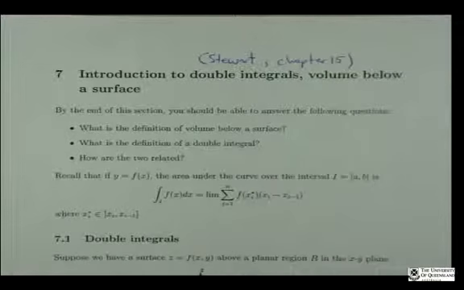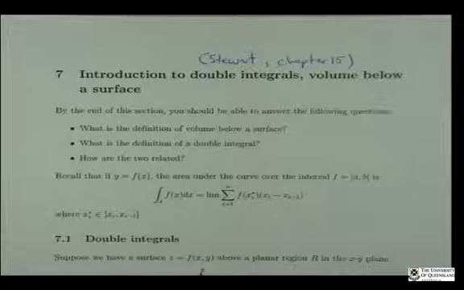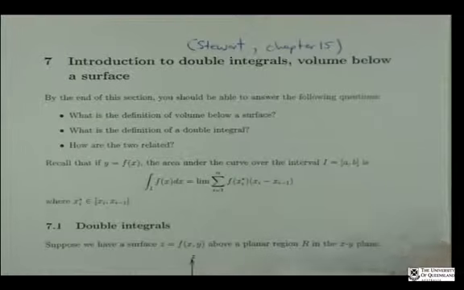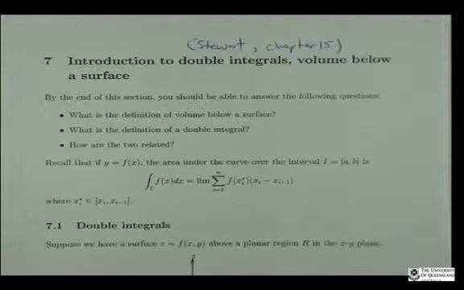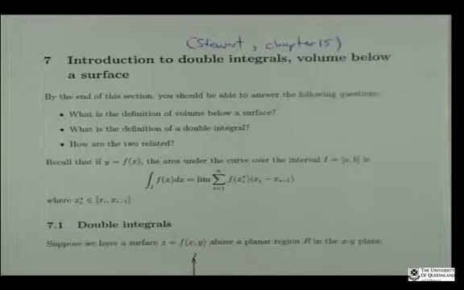So let me just remind you about that definition before we look at volume below a surface. So this should all be very familiar to you, even if you've done some integral calculus in high school. This is the sort of thing you will have seen before.